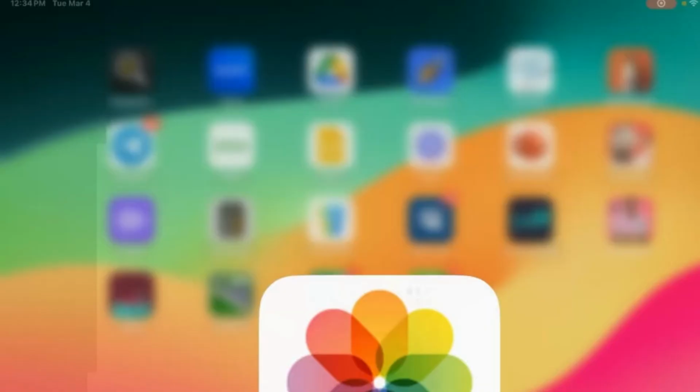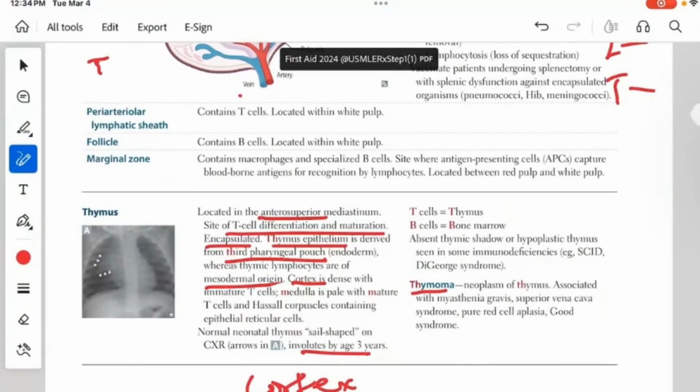The cortex is dense and, like we said, darker staining, and it contains the immature T cells.